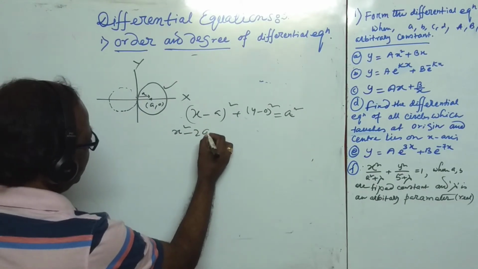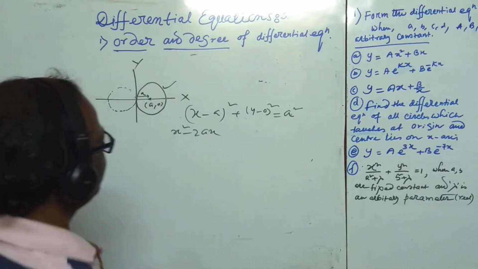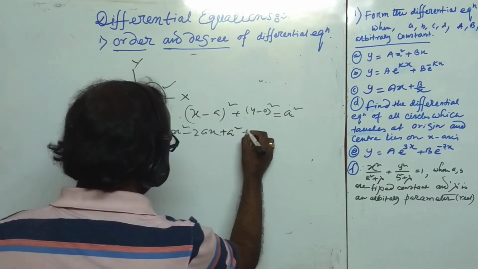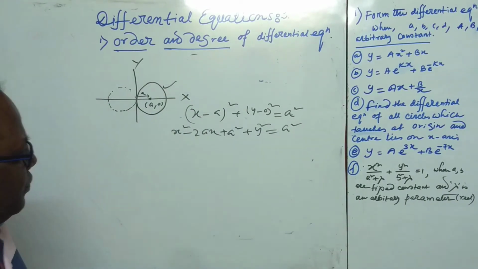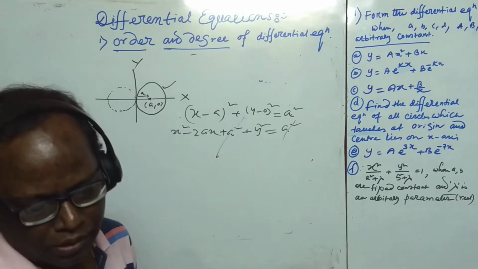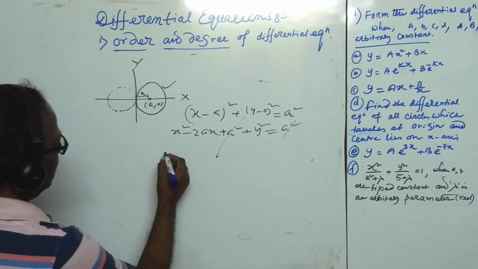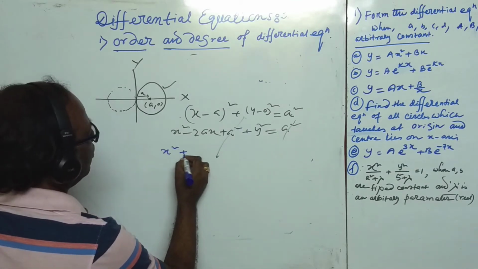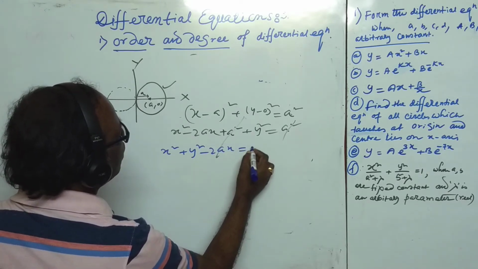Simplify: x square minus twice ax plus a square plus y square equals a square. These cancel, and the remaining part is x square plus y square minus twice ax equal to 0.